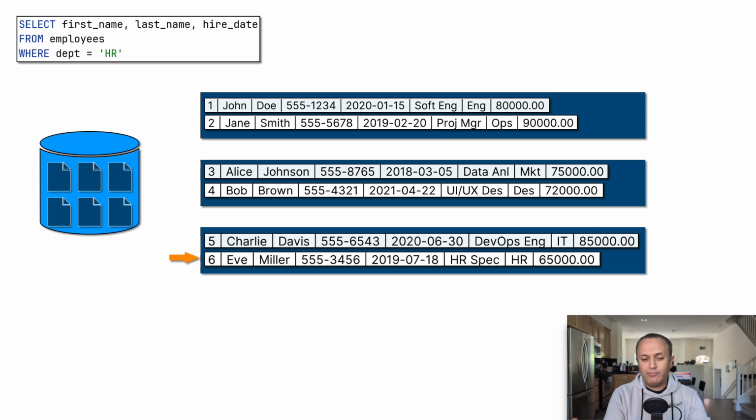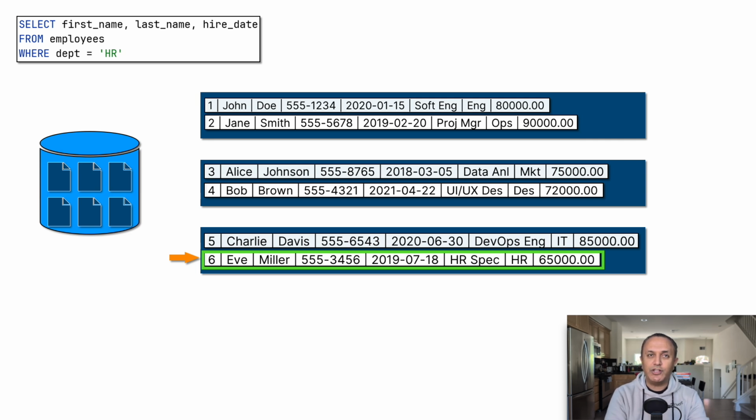Once we find a row that satisfies that filter, so here department equals HR, for such rows we want to return first name, last name, and hire date. And guess what? We already have them. Since we already read that page, and we're already looking at this row, we already have the first name, the last name, the hire date, or any other information that we want to get from that row.